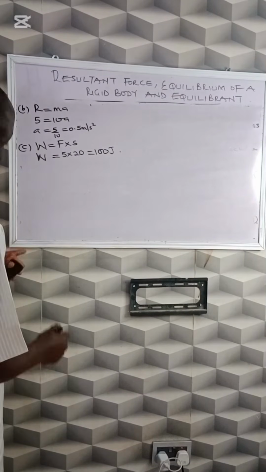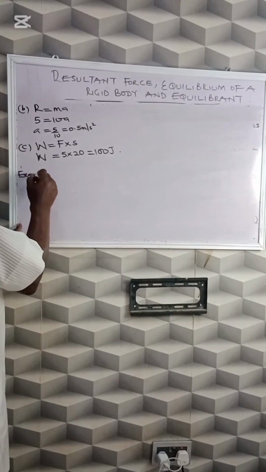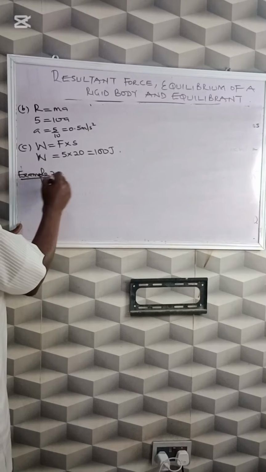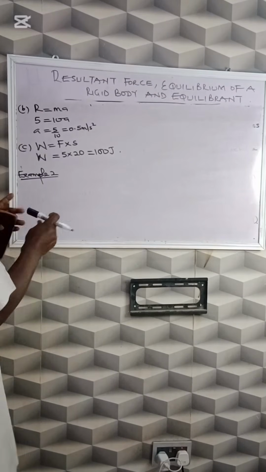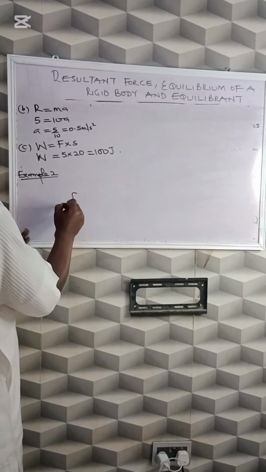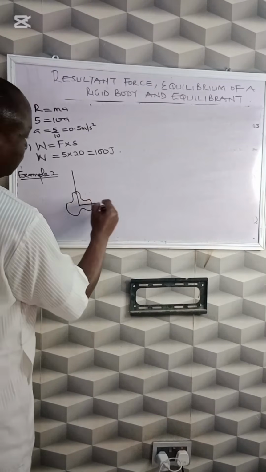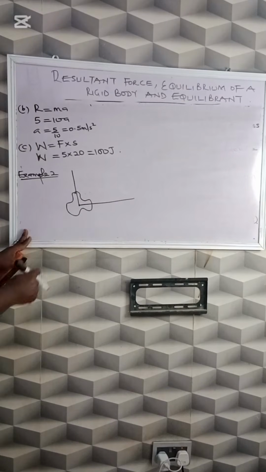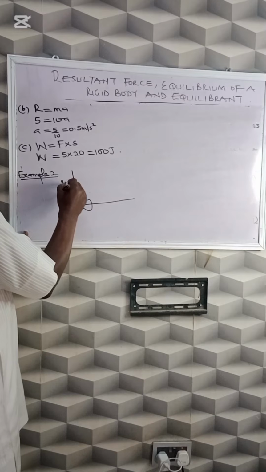So this is example 1. Example 2. We are given a diagram like this. This is a body. This one is given to be 3 Newton.